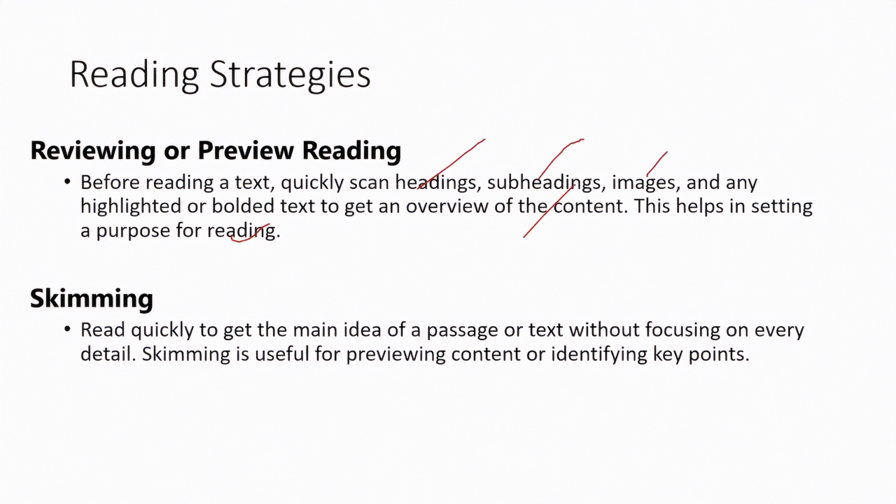Another strategy is skimming. When we talk about reading, skimming means reading quickly to get the main idea of a passage of text without focusing on every word. Skimming is useful for previewing content or identifying key points.